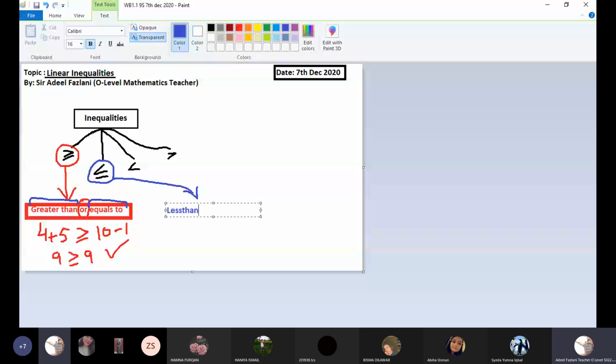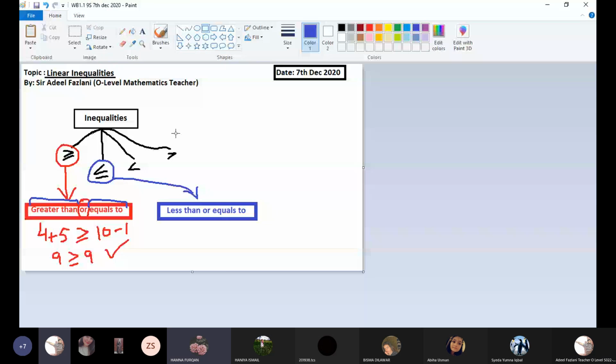We have done greater than or equals to. Can anyone give an example related to less than or equals to? Yes, anyone please? 6 plus 4 is less than or equals to 10 minus 7.